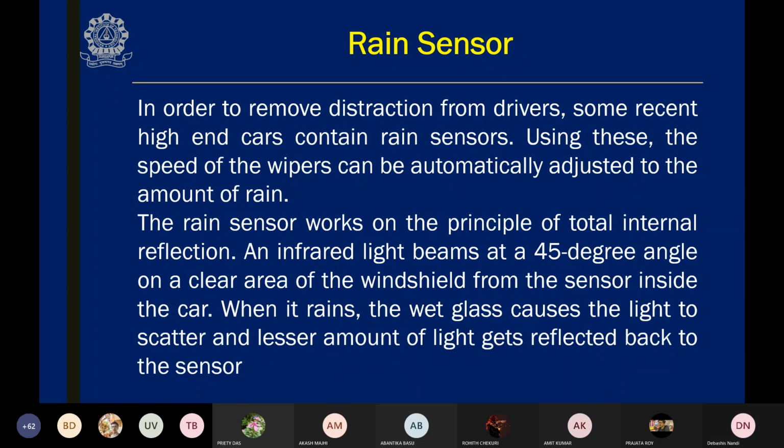So at 45 degrees, some light beams will fall after reflection on the glass surface. Then this reflected back signal will be sensed by a light sensor.